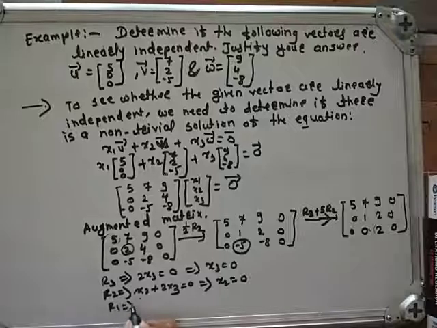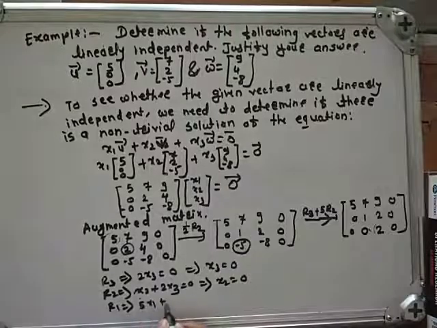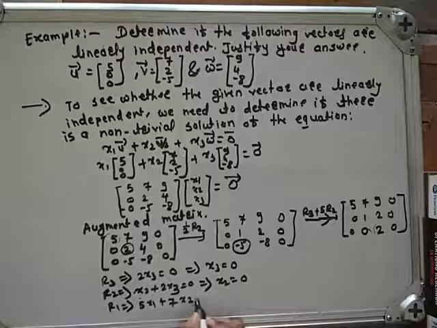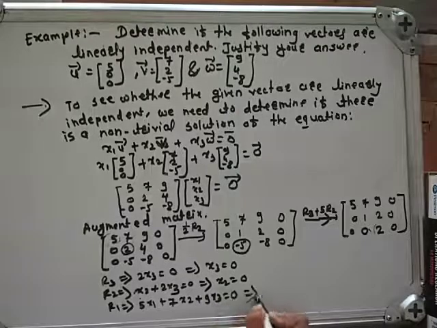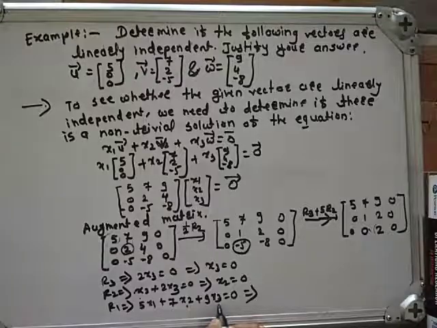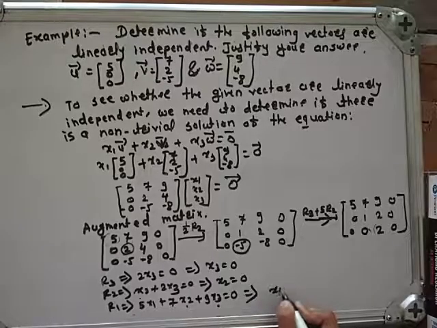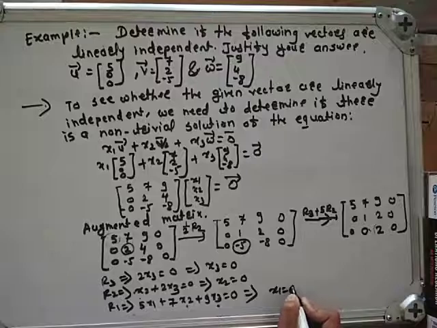And R1 implies 5x1 plus 7x2 plus 9x3 is equal to 0; here x2 and x3 are 0, so obviously x1 must be 0.